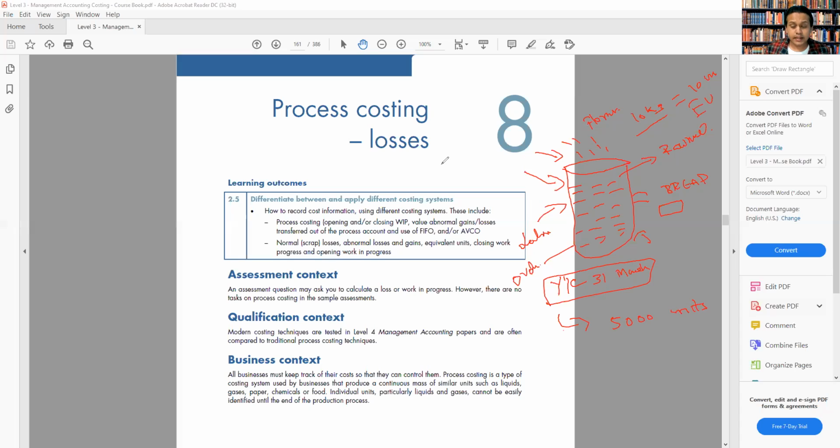Sometimes we call it WIP, work in progress. The work that is in progress is called work in progress. So anything that is still working, not done yet, is called WIP. This is the first thing we're going to see from this chapter. All this calculation we are doing is for the process costing.